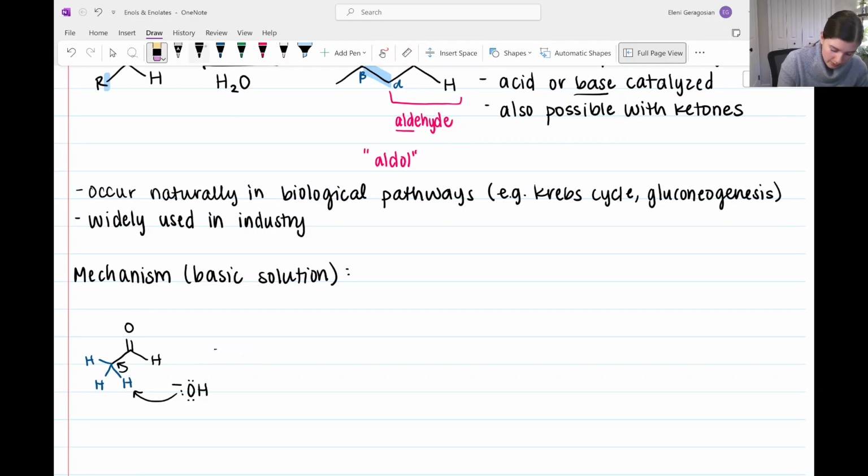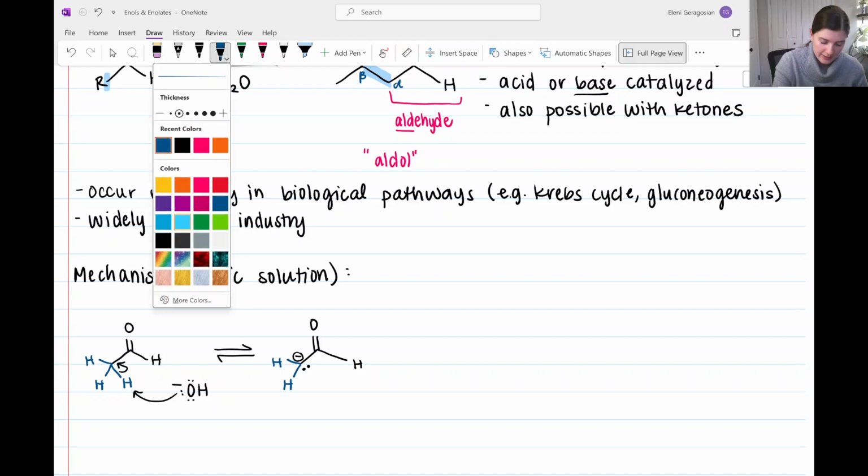This happens in equilibrium. And again, we can show the enolate ion with a negative charge on the carbon. So we removed one of those hydrogens, that becomes a lone pair. We have a negative charge on this carbon.